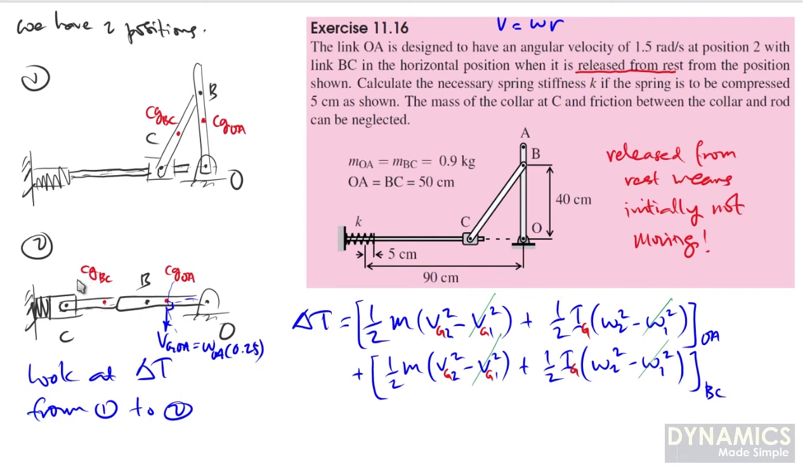That's it. For the CG of BC, BC is a member that is moving in general motion. Why? Since B is rotating about O, C, on the other hand, is sliding, or C is moving in rectilinear motion, or translation motion. So we have BC moving in general motion.